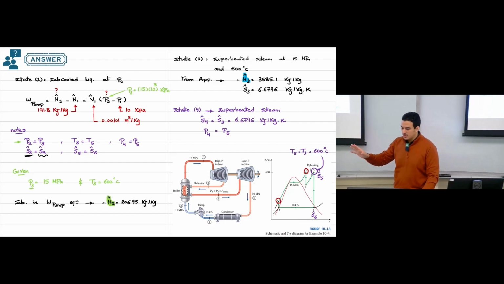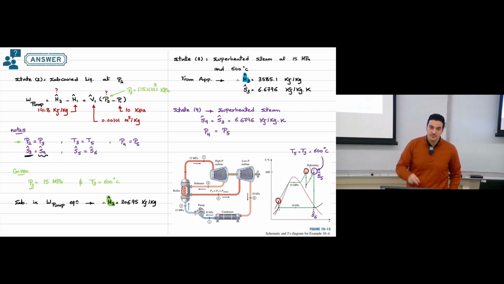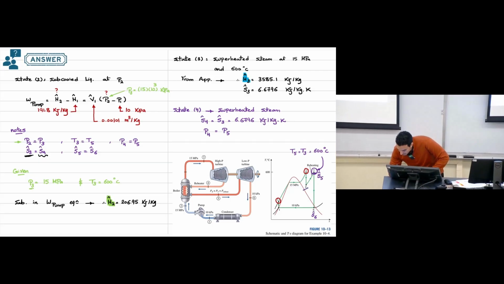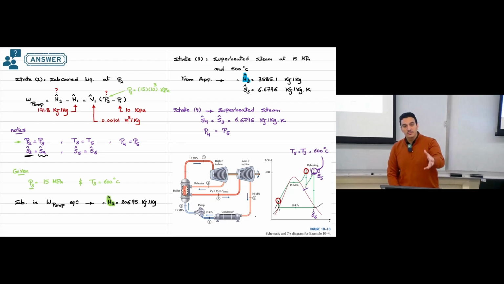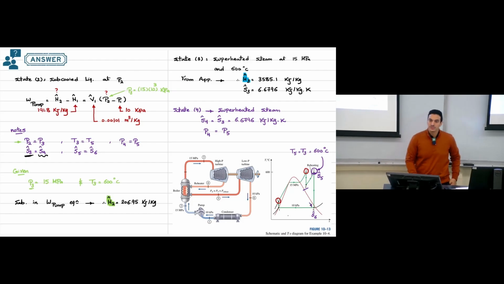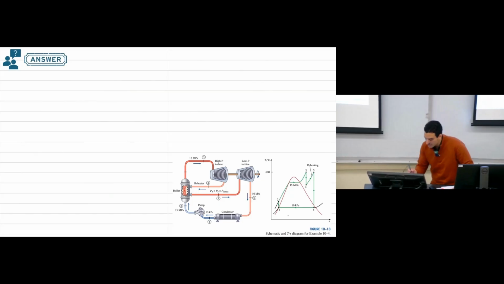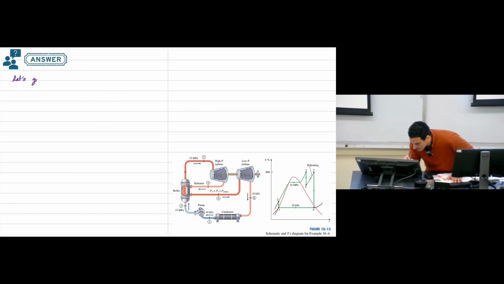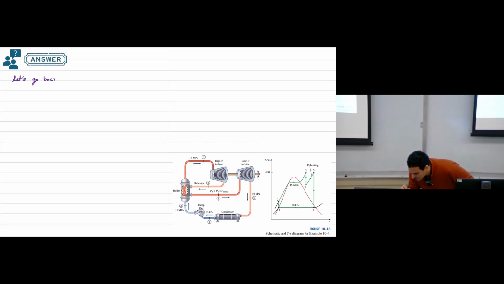And I don't have this one. And again, point number 5 is superheated steam. So how much information do I need? Two. So the key here, you need information at point number 5. This will help you find the information at point number 4. But point number 5 itself is missing some information, and point number 5 is related to point number what? Point number 6. So let's get back to state 6.